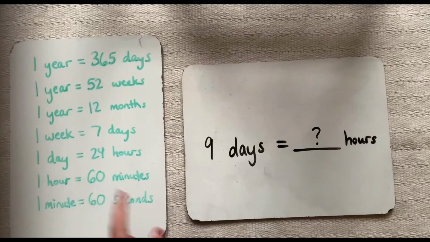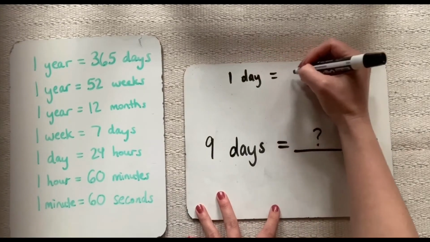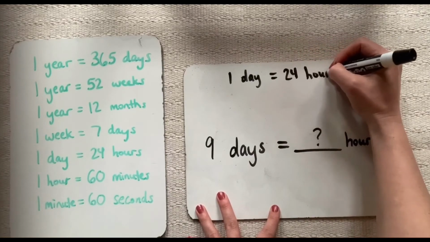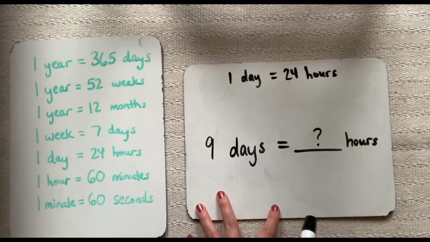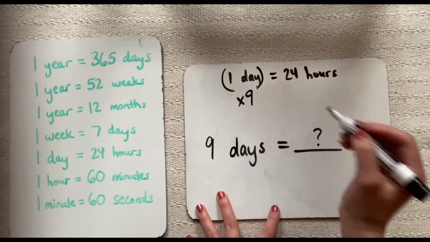Using what we know, 1 day equals 24 hours. But we're talking about 9. So we're going to multiply times 9.